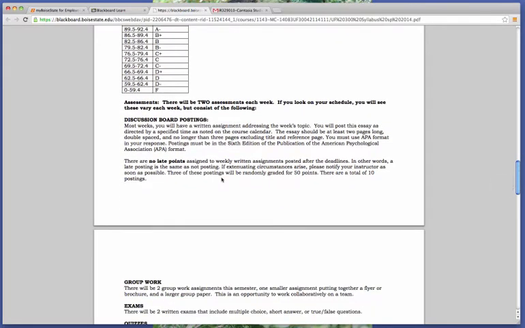One note on the discussion board postings. We will have a total of 10 of these postings throughout the 16-week semester, so we won't post every week, but we will post most weeks. I'm asking you to write a response in general that is a 2-page, double-spaced response to the topic that's being discussed that week.